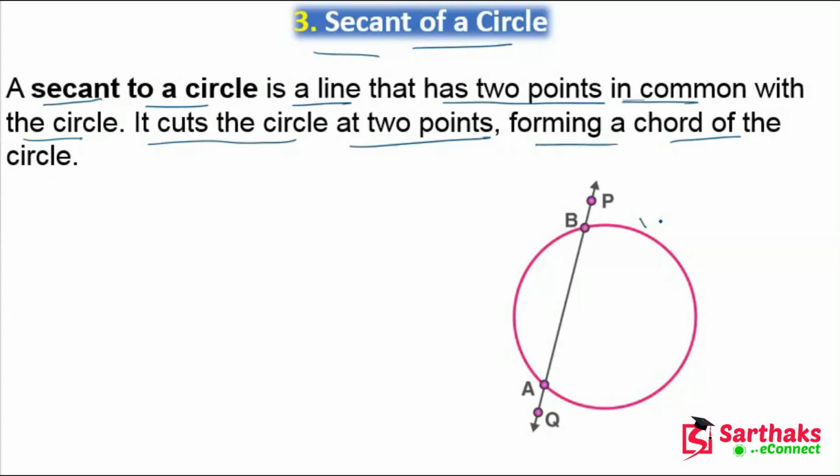So let's suppose we have a circle like this. In this circle we have a line PQ. This is a secant, because this line cuts the circle at 2 points, A and B. That's why this is the secant. Now AB is the chord, because it just joins two distinct points of a circle.